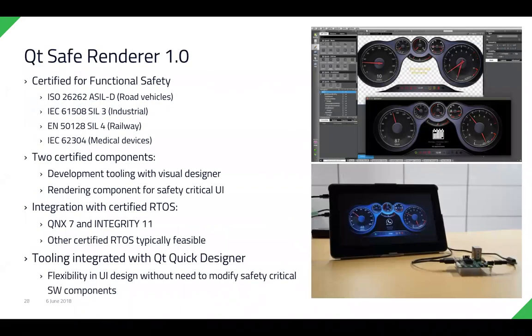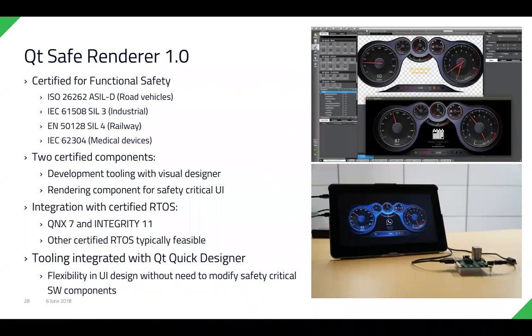One new thing is the Qt Safe Renderer. As you might have heard, we've had that available since around half a year now. Released the first version, I think, before Christmas. That is a renderer that allows you to integrate Qt applications with something where you have a requirement for functional safety, and certain parts of your user interface need to fulfill functional safety requirements.